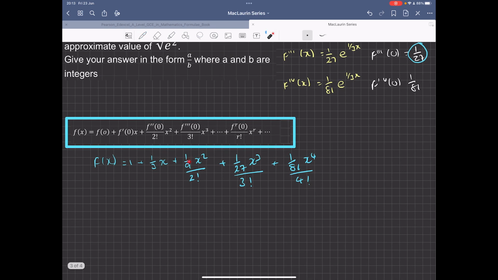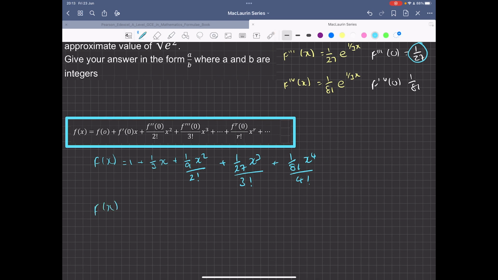We can simplify each of these on our calculators. So f(x) will be approximately, I should change this to approximately, because we're only looking up to a fourth term, 1 plus x over 3 plus 1/9 divided by 2, which will be x squared over 18. This one I'll do on my calculator.